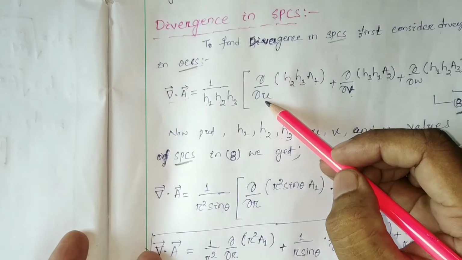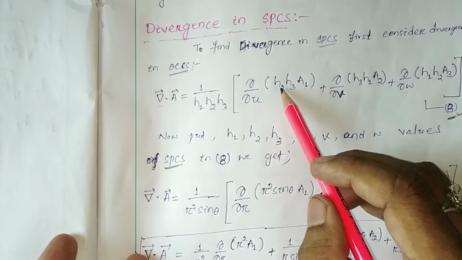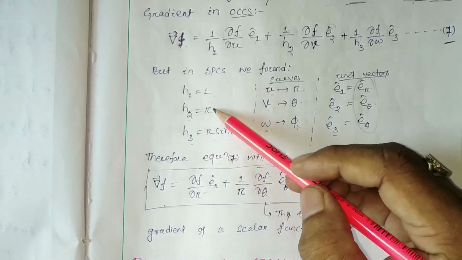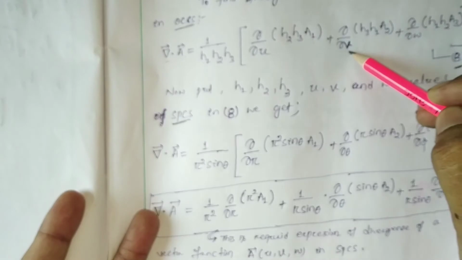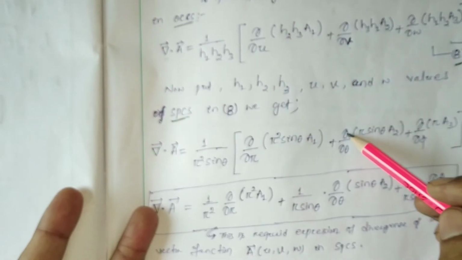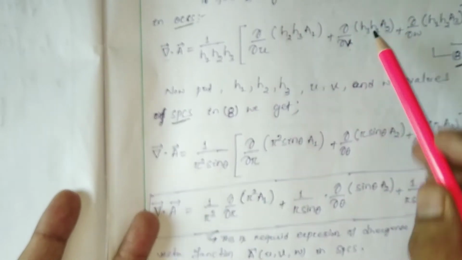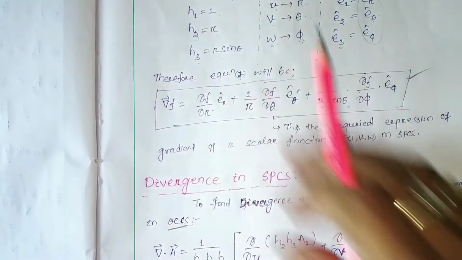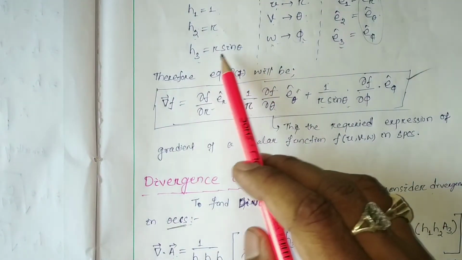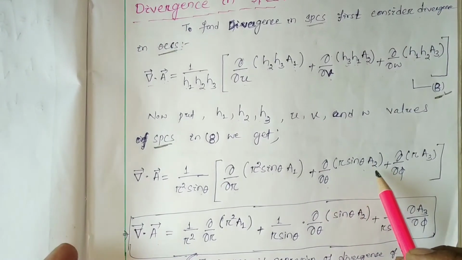Here, del by del u, instead of u we have to write r, del by del r. h2 h3 means r square sin theta a1. Then del by del v is theta, so it will be del by del theta of h3 h1; h1 is 1, h3 is r sin theta, so it will be r sin theta a2.